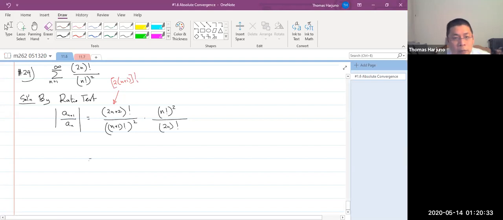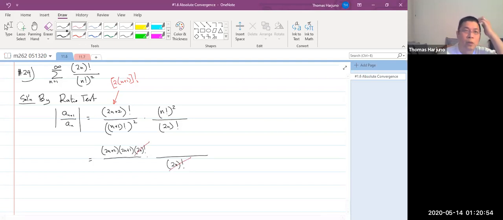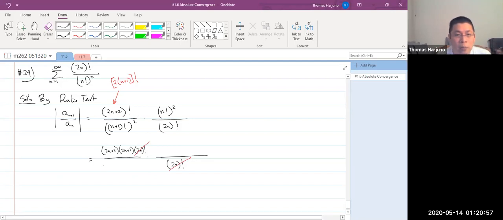Now, let's kind of dissect this. On the top left, that will be 2n plus 2 times 2n plus 1 times 2n factorial. That will cancel with the 2n factorial underneath here later on. While on the bottom left, that's actually n plus 1 factorial times n plus 1 factorial. Let me slow down. While the one here, this is n factorial, n factorial.